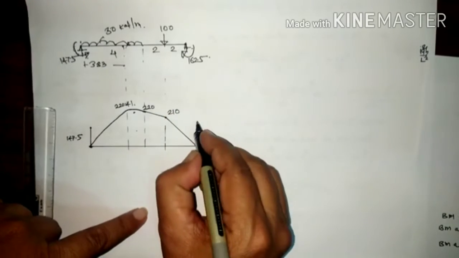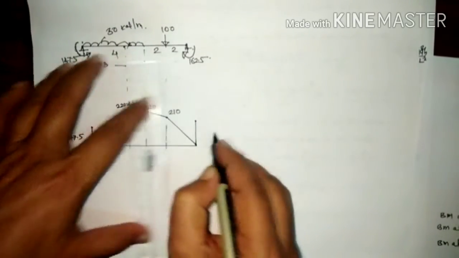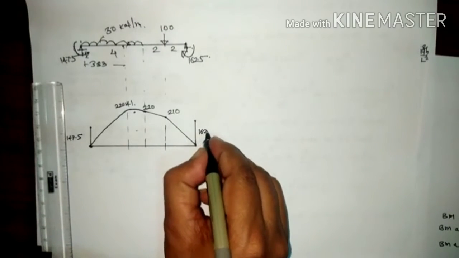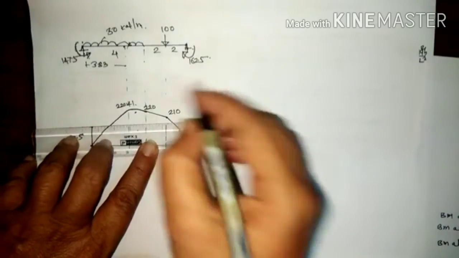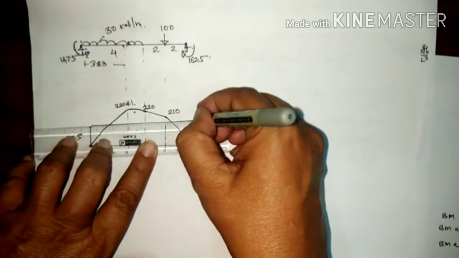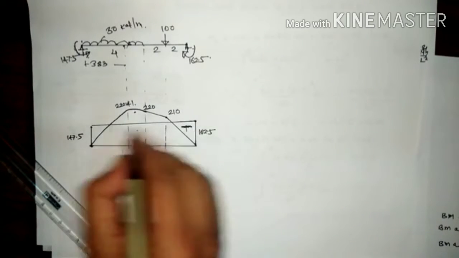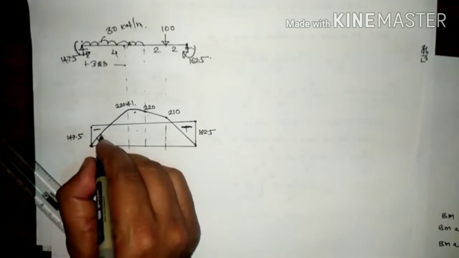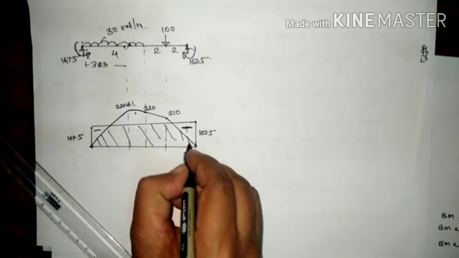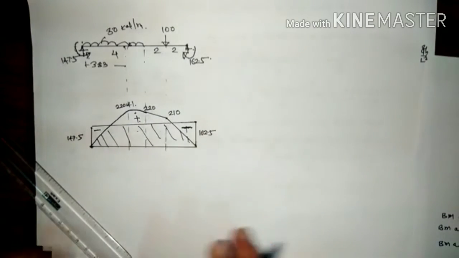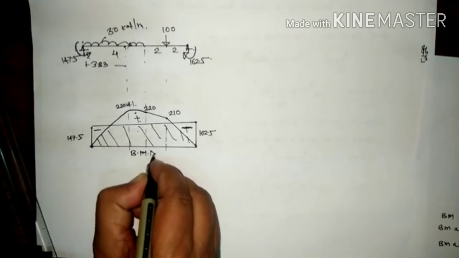Here 162 is somewhere here. So join this. So this diagram is the negative diagram. So like this. Okay. So this diagram is negative here. This diagram negative. This negative and positive cancel out from here, and the remaining is the plus. So this is the combined BMD diagram.